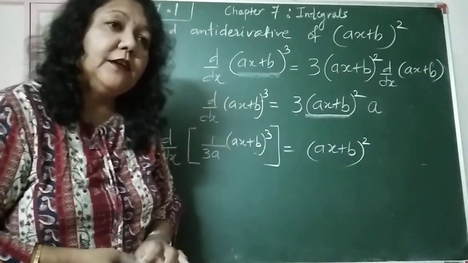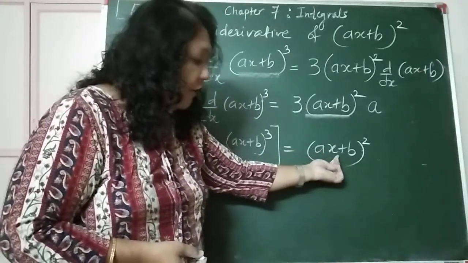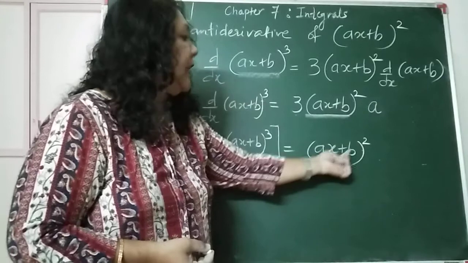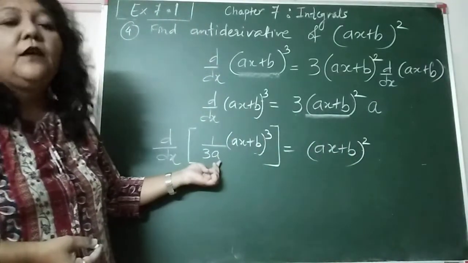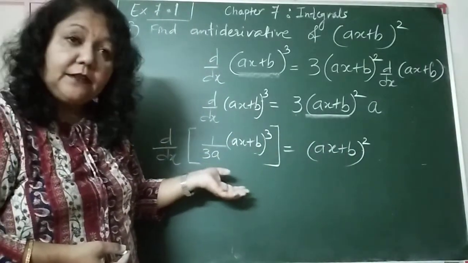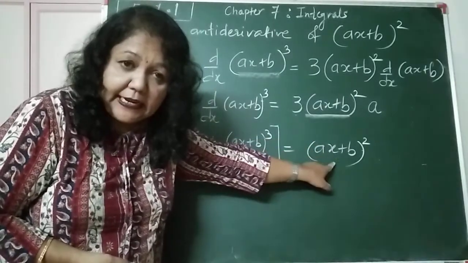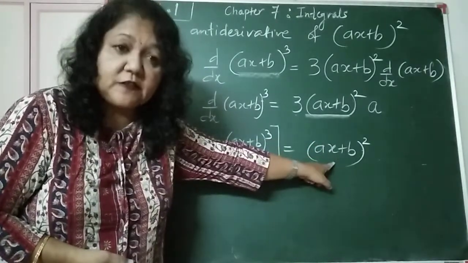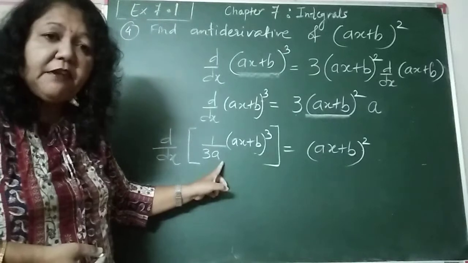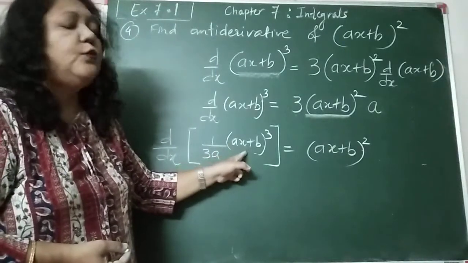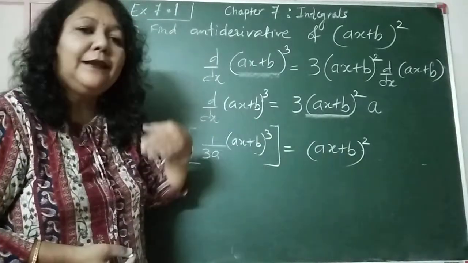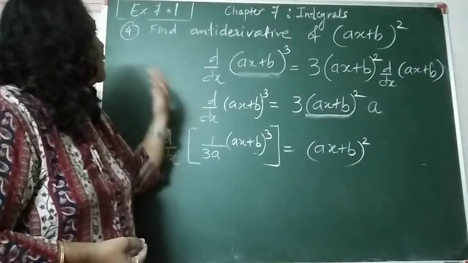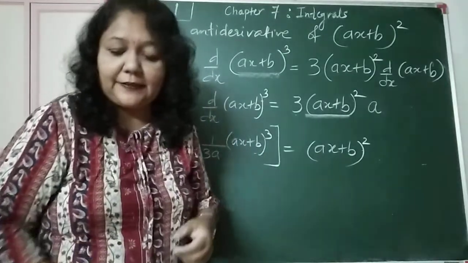Therefore you learned the antiderivative of (ax + b) whole square is 1 upon 3a into (ax + b) whole cube. In other words, if you integrate (ax + b) whole square, the answer will be 1 upon 3a into (ax + b) whole cube. Right? So this was your fourth question. Let's go to the next question then.